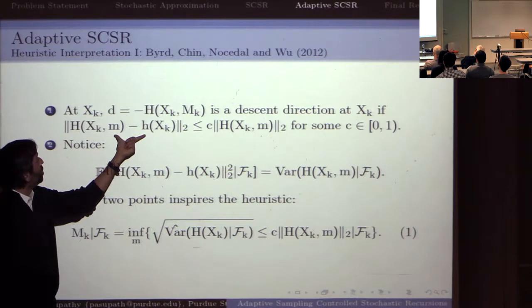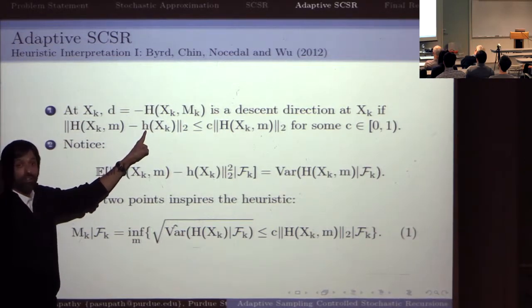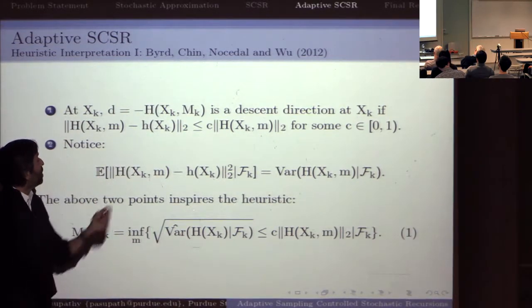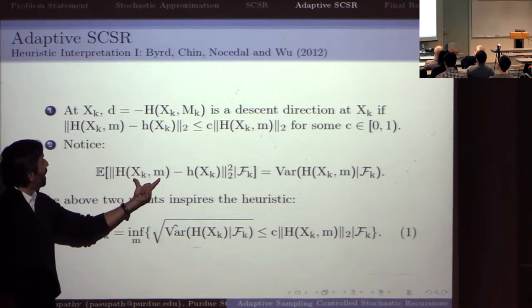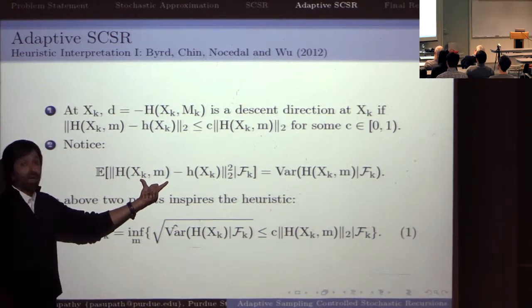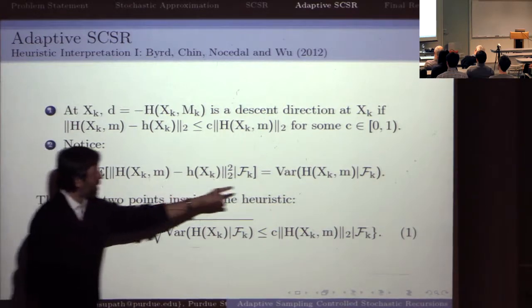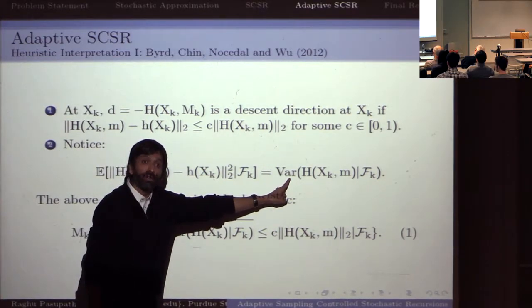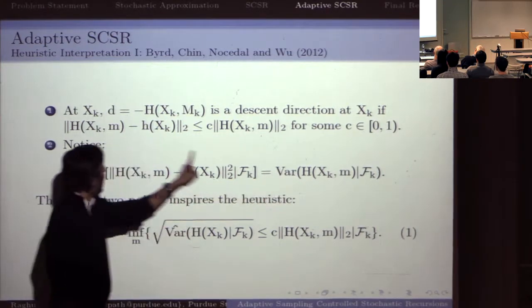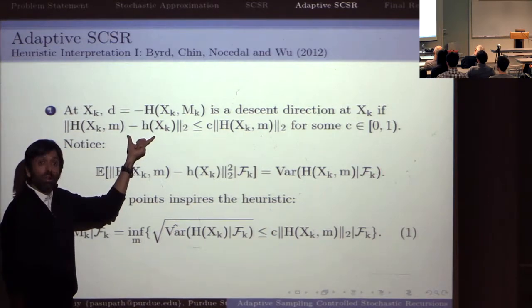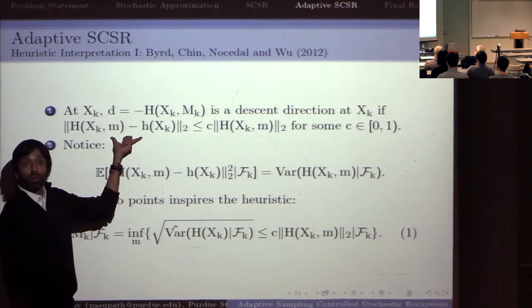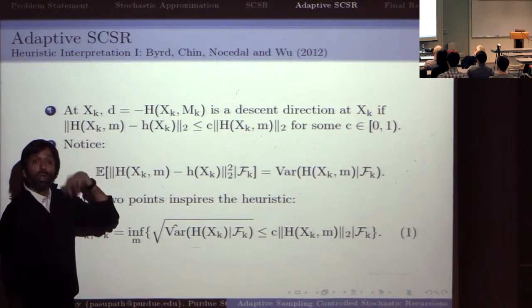You're saying that you don't know this error because you don't know little h. Yeah, to check that, we need to know H, right? In the unbiased case, the expected squared error is exactly equal to the variance, and you can estimate the variance. So you can estimate this quantity. You're right, you don't know little h, but you can estimate this error through your variance estimate. This is exactly what we do as well.